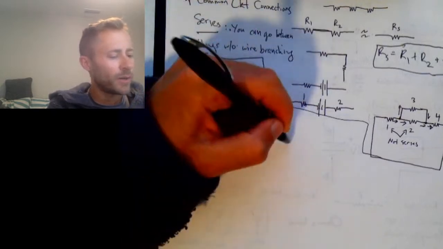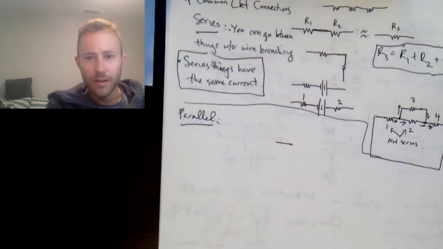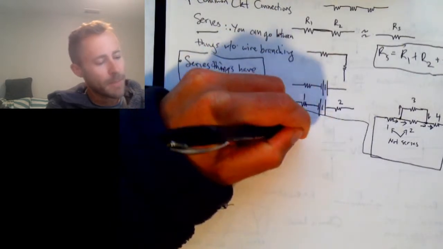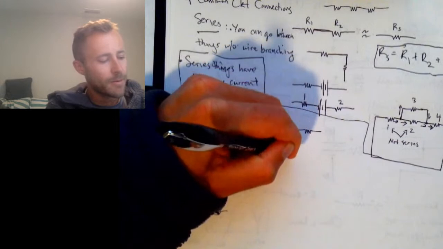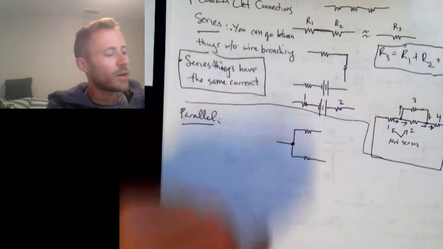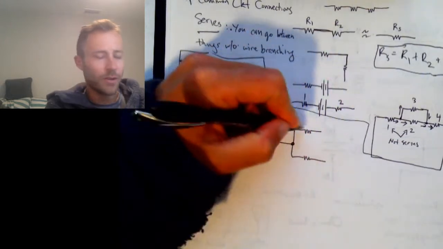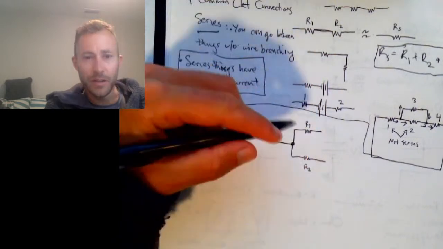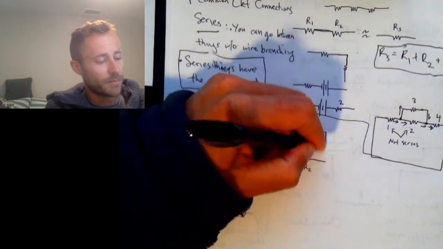So what a parallel connection looks like is the wire splits. You have a resistor or two different things in each branch, and then it immediately comes back together.